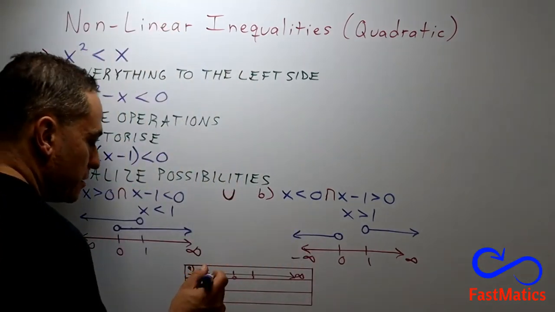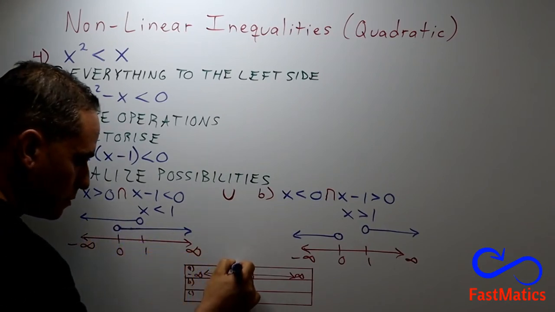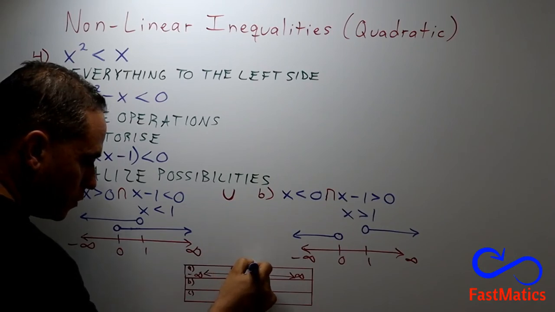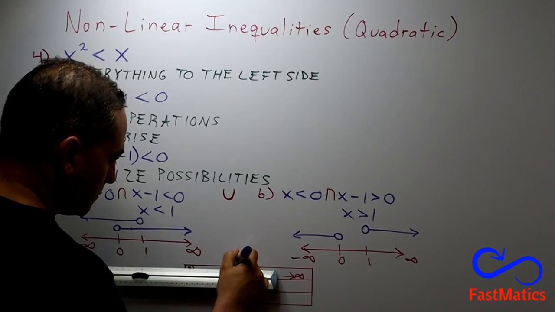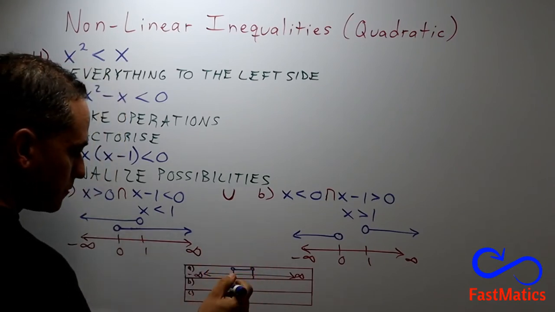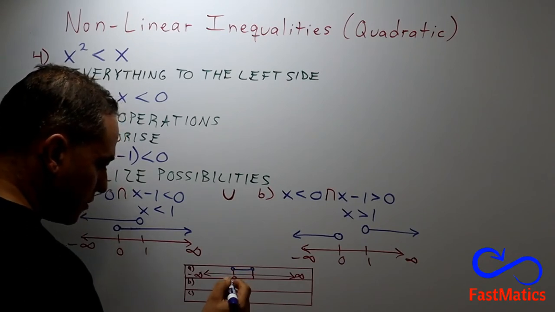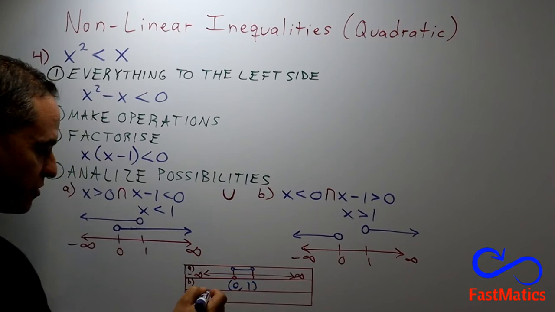So for the answer we are going to draw a number line from 0 to 1 with a circle on each side, and that's it. Another way of writing the answer, from 0 to 1 with parentheses.